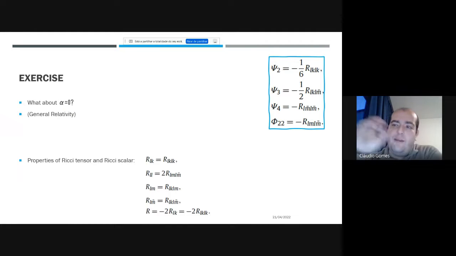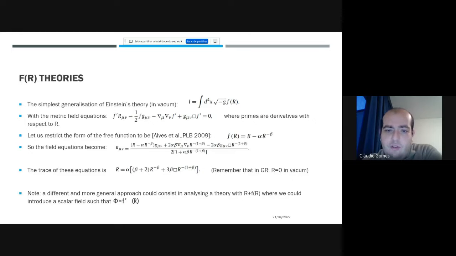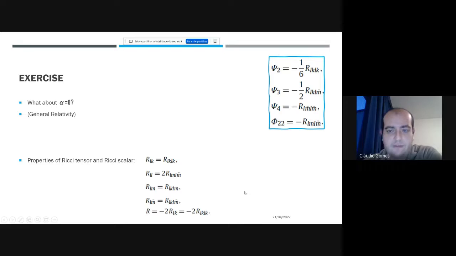So let's do a simple exercise step by step. What about alpha equal to 0? Alpha equal to 0 means general relativity. Remember, I have not really shown how to address general relativity with the Newman-Penrose formalism. Let's do this, since general relativity can be seen as a particular solution of f(R) theories.